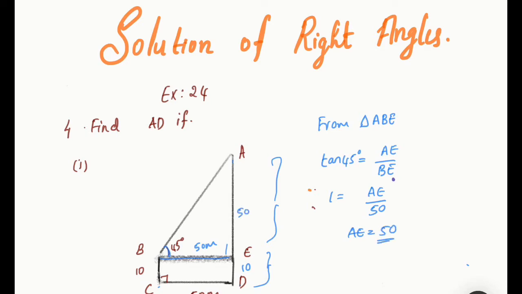So if AE is 50, AD equals AE plus ED, that is 50 plus 10 equal to 60 meter. Hope it's clear. It was a direct question. Just go through the question once again so you'll get an idea about it.